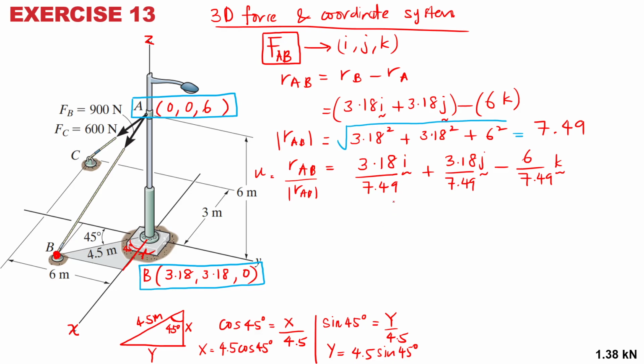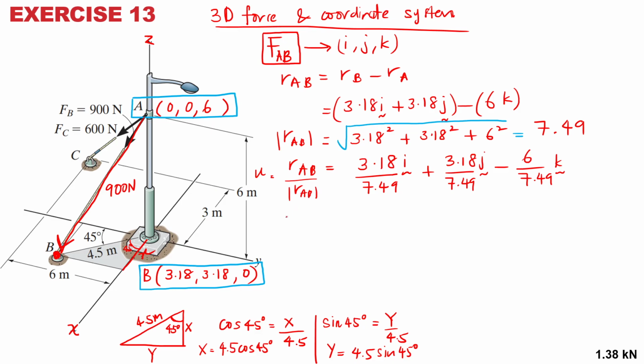So once you've got this one, things become very easy. Look at your force. Force is this one, and the value of your force is actually this one, right? 900 Newton.